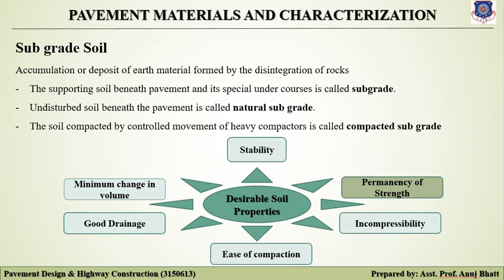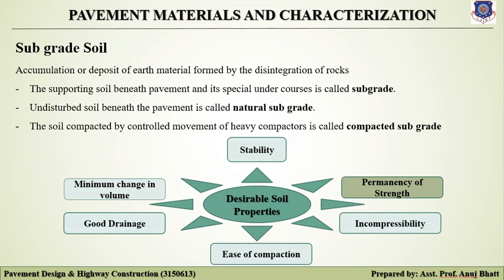The formation of waves or corrugation and lateral shoving of the pavement near the edge, along the wheel path of vehicles, is due to insufficient bearing capacity or a shear failure in the subgrade.